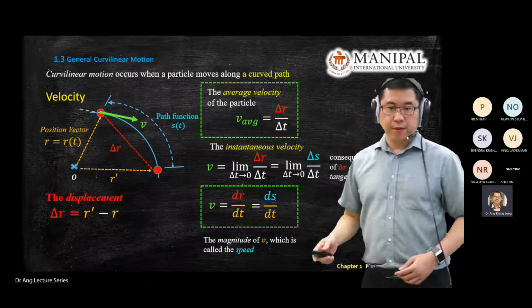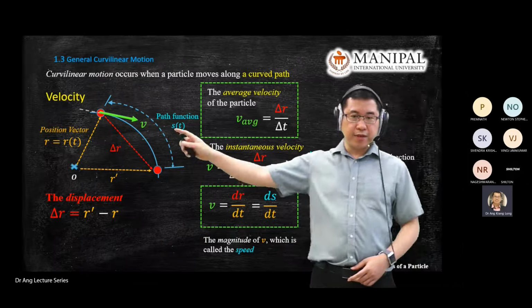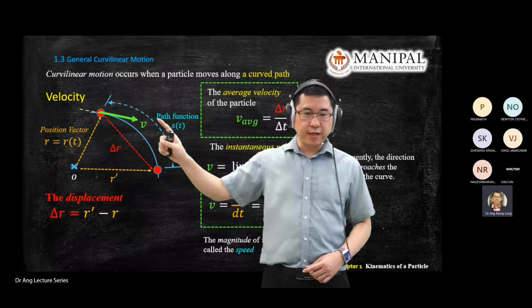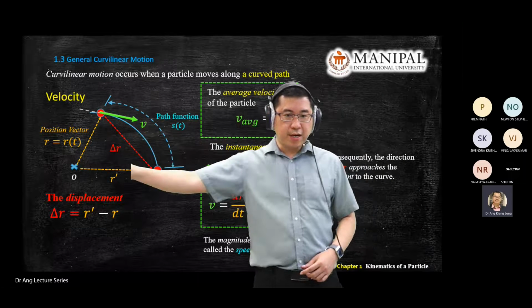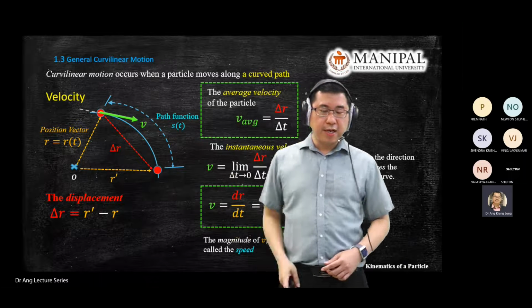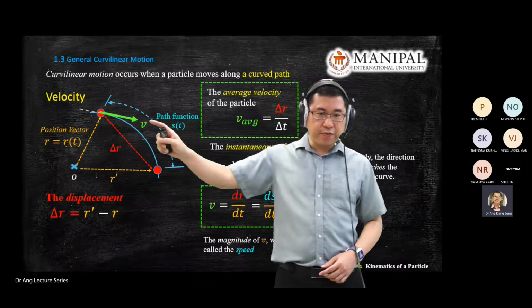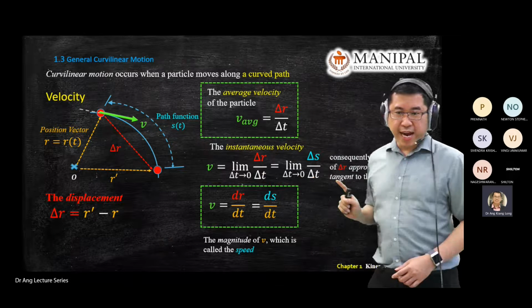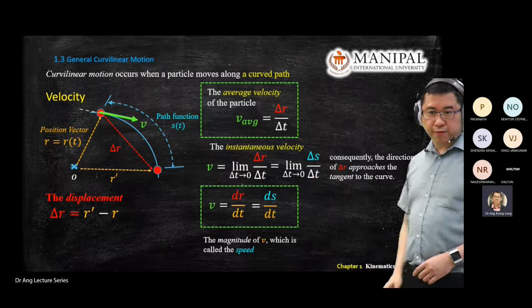All right. Now from the previous diagram, we defined the position, we derived the path s, r, delta r, and now on these slides we define the v. It is a vector, and this vector is tangent to the curve.